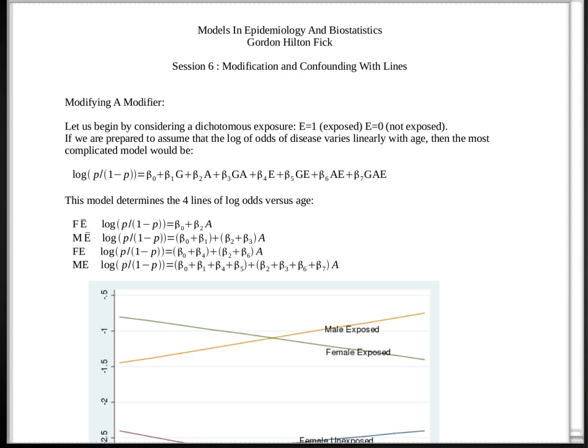Now, there are 2 exploratory methods that are often noted in situations where we have quite a number of models to consider. There is so-called stepwise regression, and there is so-called best subset regression.